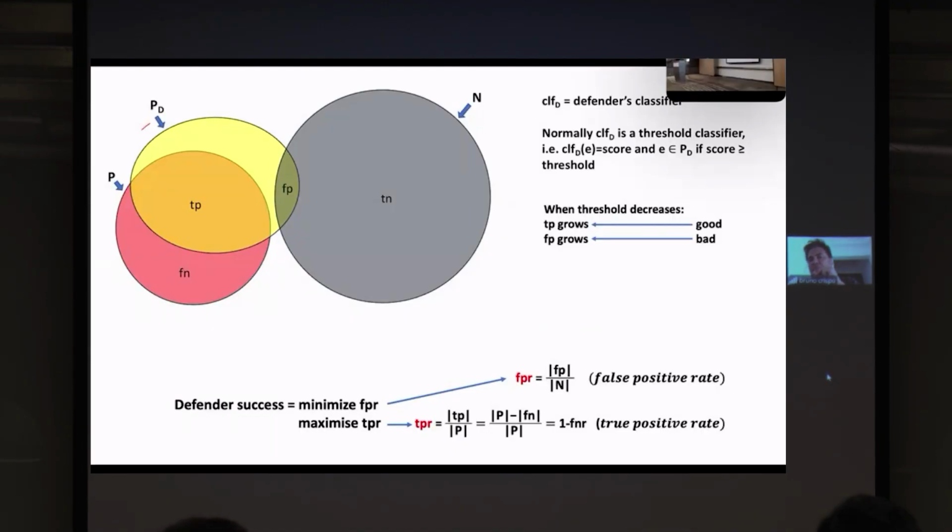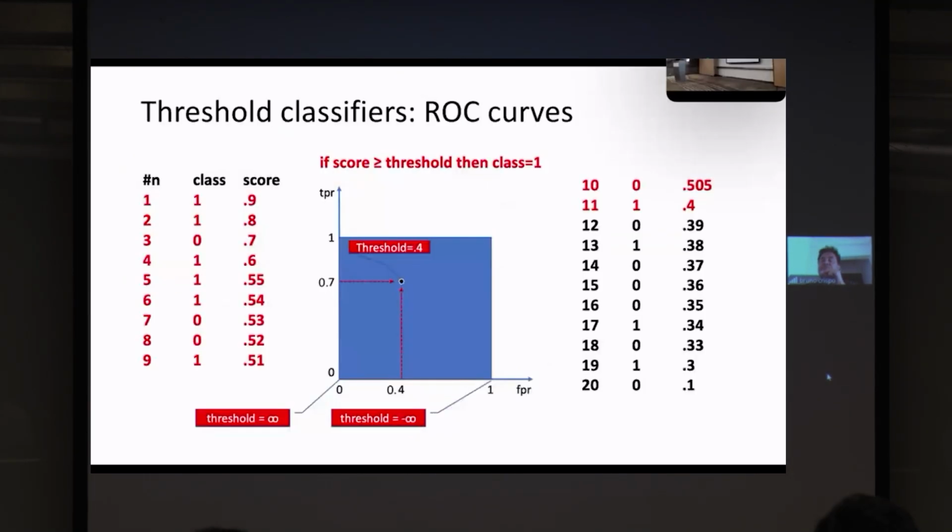And that is bad in the sense that then you have more false alarms. And that's why it's important, as we'll see, to choose the threshold where you find the right balance between true positives and false positives. And you can do that with the ROC curves.